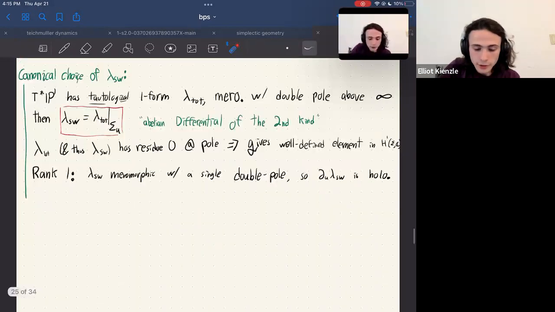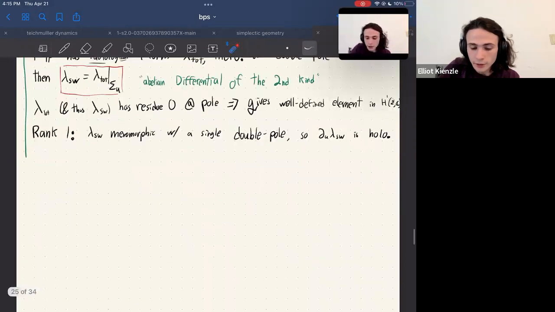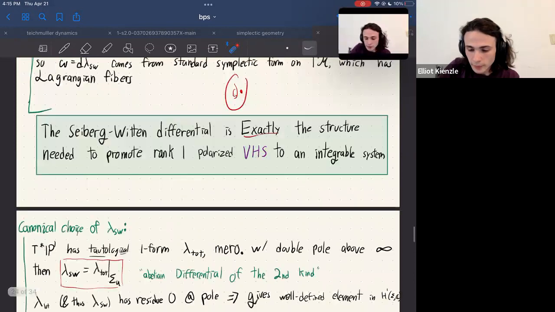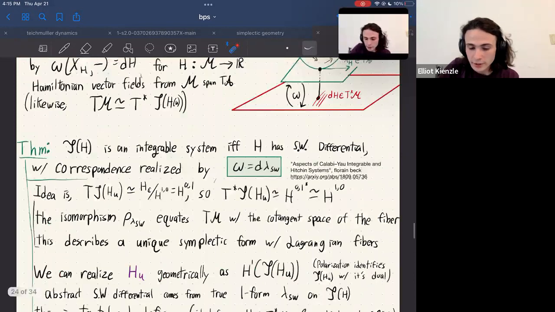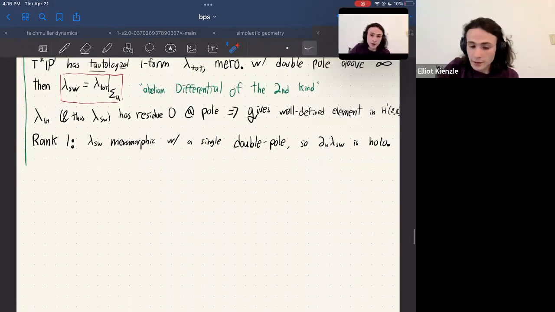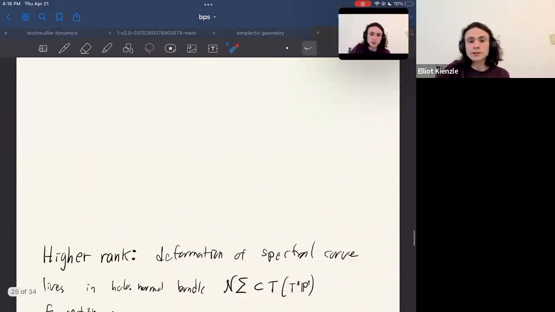So I'm going to forgo talking about why this is an abstract Seiberg-Witten differential in the sense I defined earlier, and I will make sure that nobody has any questions.